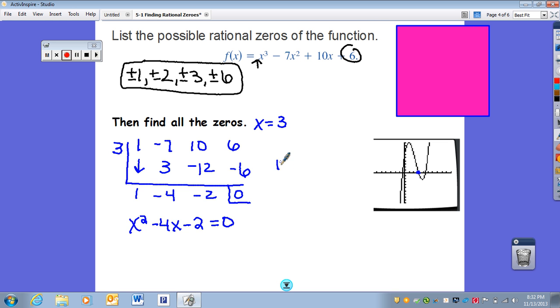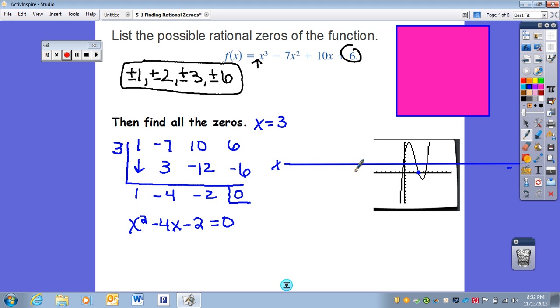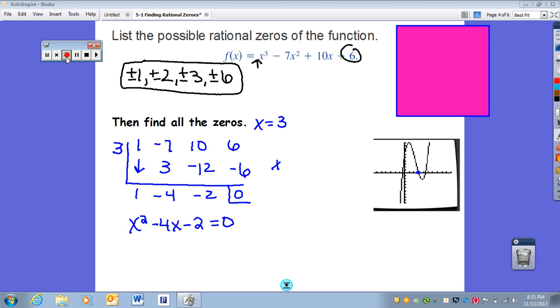So we have x equals our negative b, which would be 4, plus or minus the square root of b squared, which would be negative 4 squared, minus 4 times our a, which is 1, times our c, which is negative 2, all divided by 2 times a, which is 1.